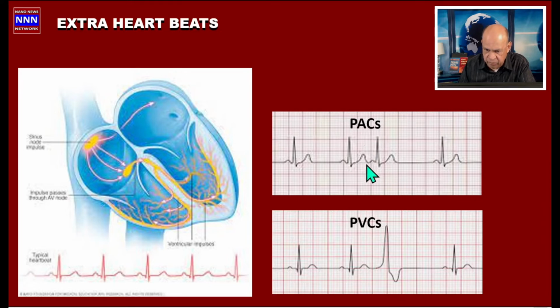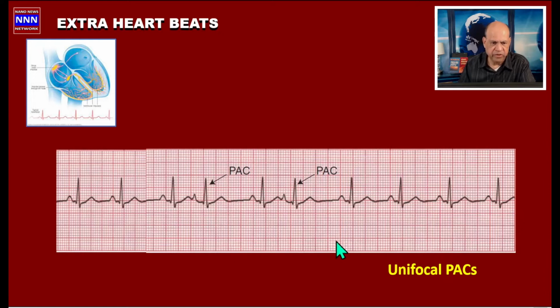So this is a premature atrial complex, and when you actually see the heart, then you see the premature atrial contraction. Let us look at some examples of a premature atrial complex and learn what the various types of atrial complexes are, what causes premature atrial complexes, and what their significances are.